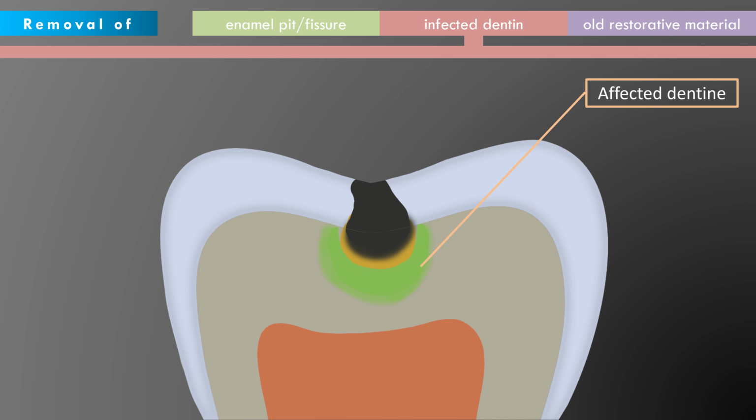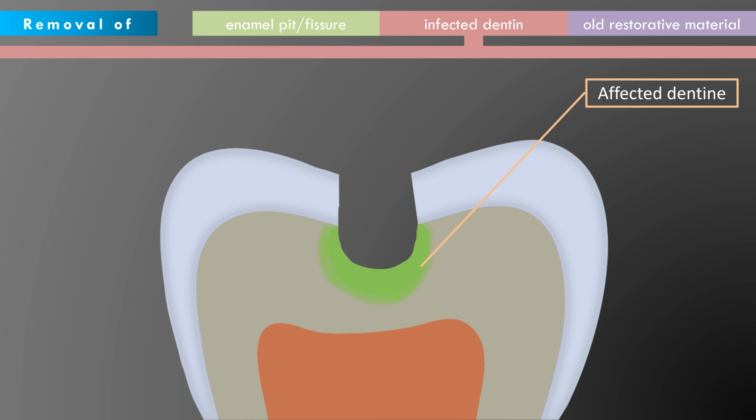The organic structure will be intact, that is, the collagen fibers will be intact in affected dentin, but there will be demineralization. If you are removing up to the infected dentin and leaving the affected dentin, this affected dentin will get remineralized.